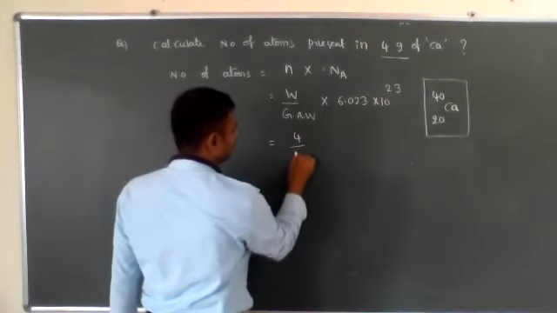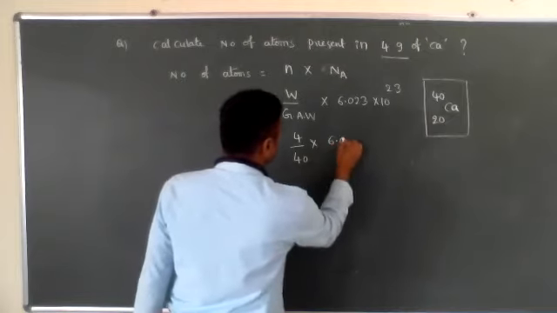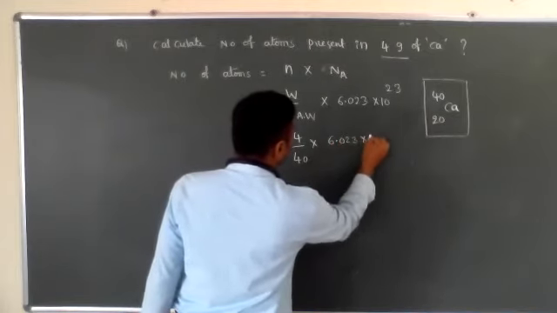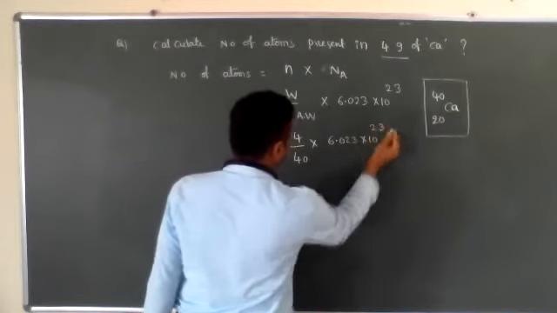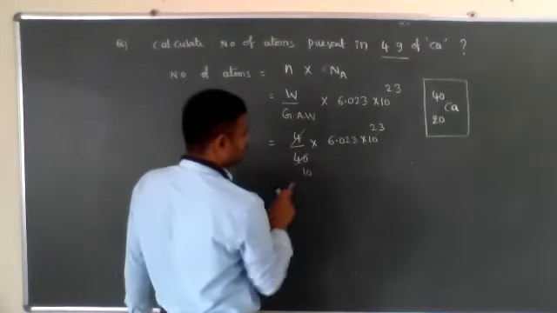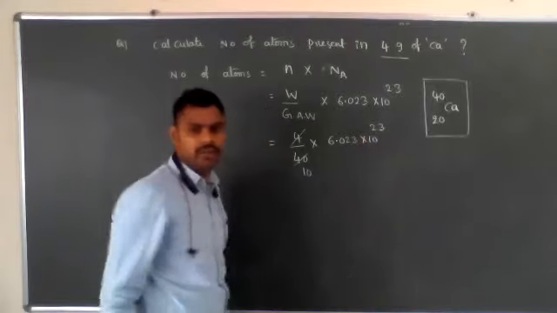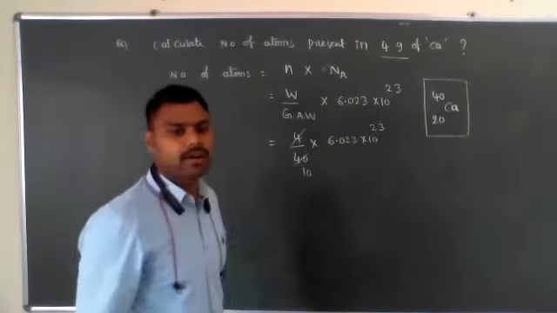4 grams is given. 4 by 40 into 6.023 into 10 to the power of 23. 1 by 40 means 1 by 10. 1 by 10 means 10 to the power of minus 1. 10 to the power of minus 1 into 10 to the power of 23 means 10 to the power of 22.